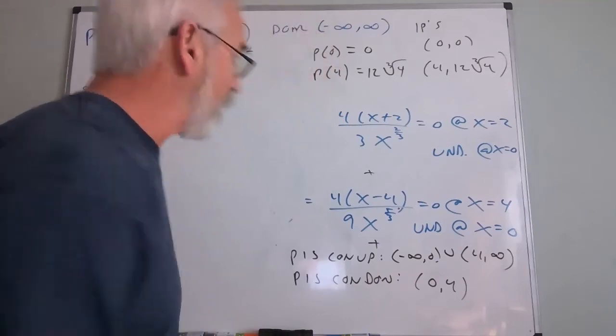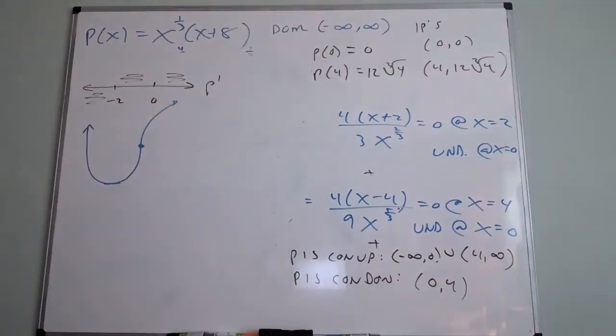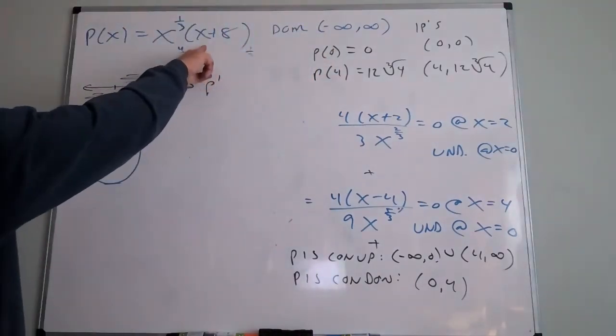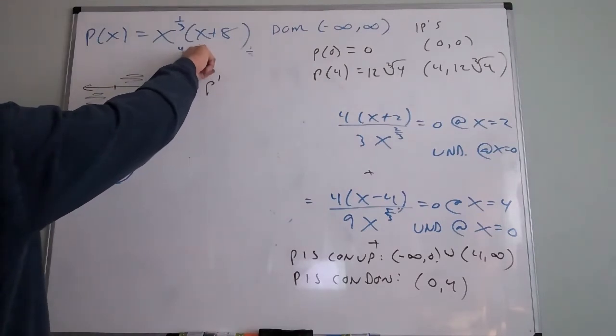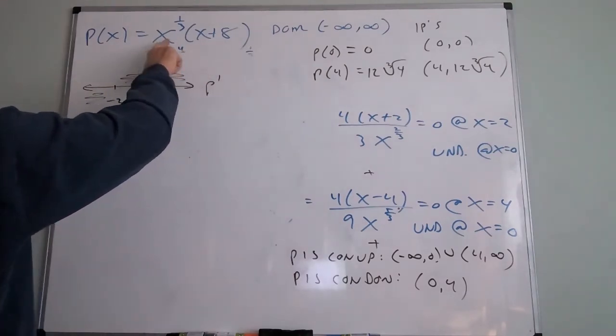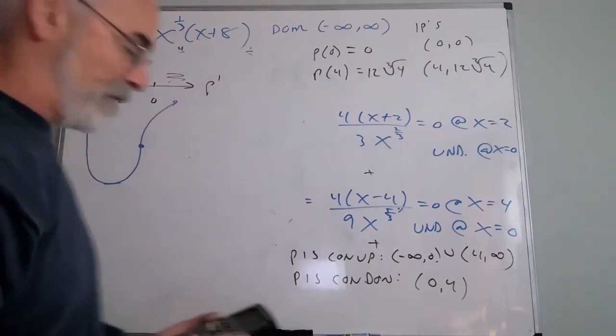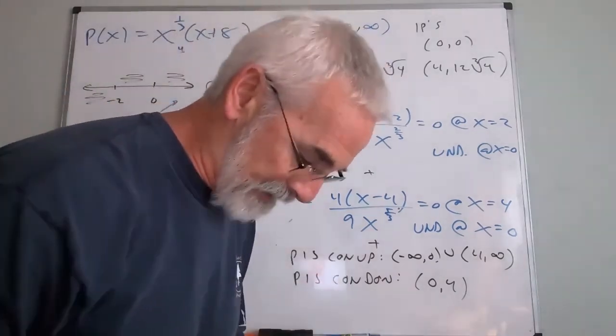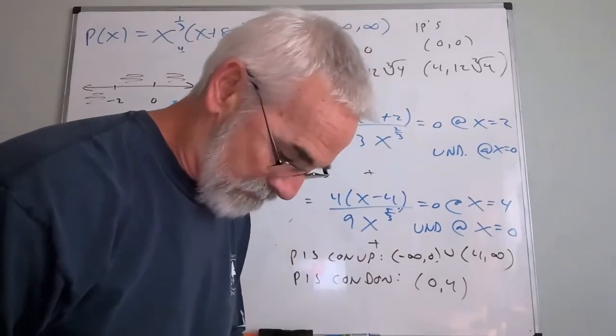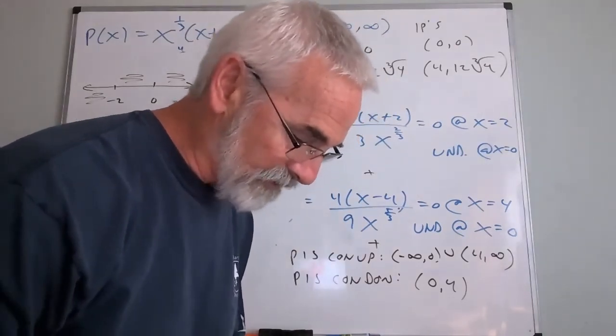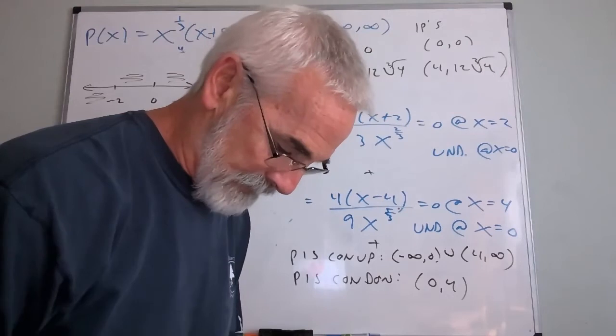And my y window. Now, is this ever negative? Yes, it is. This is negative between 0 and -8. So let's go down a little bit. Maybe I'll just go -10 to 10 in all directions. I don't exactly know what it looks like, but I have an idea.